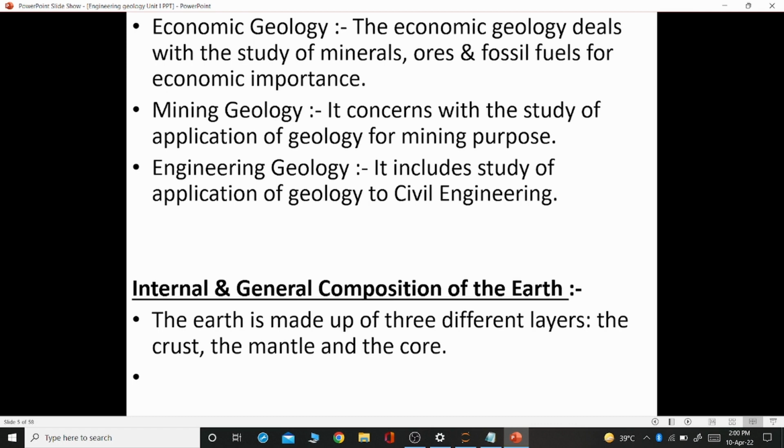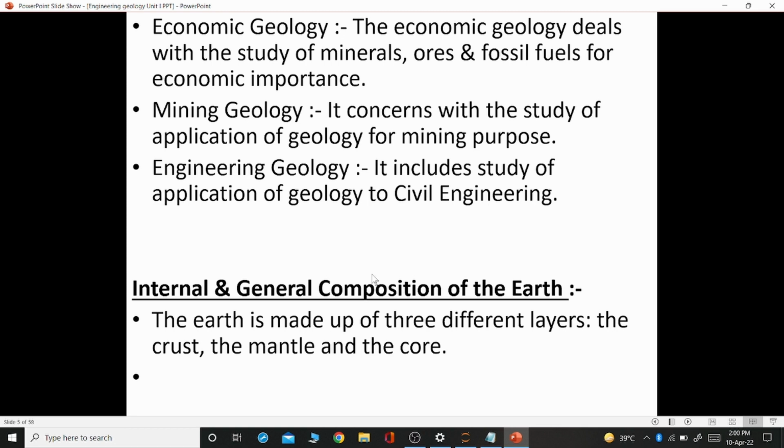Economic geology. Economic geology deals with the study of minerals, ores, and fossil fuels for economic importance. Mining geology. It concerns the application of geology for mining purposes. And engineering geology, as our subject, includes the study of application of geology to civil engineering.